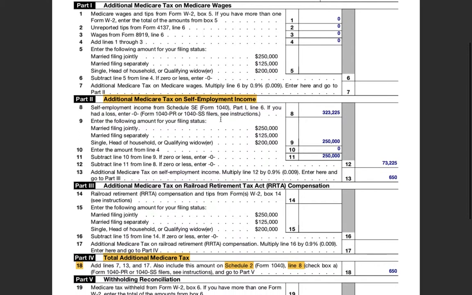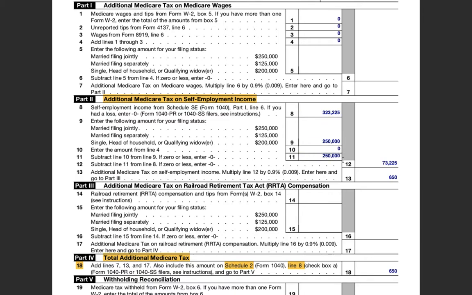So in this form, you can see here, this is your self-employment income, right? That's the income. Then because you are married filing jointly, however, if you are single and above 200,000, you are already subject to 0.9%. But married filing jointly, you are above 250,000, so the excess amount pays an additional 0.9% Medicare tax.